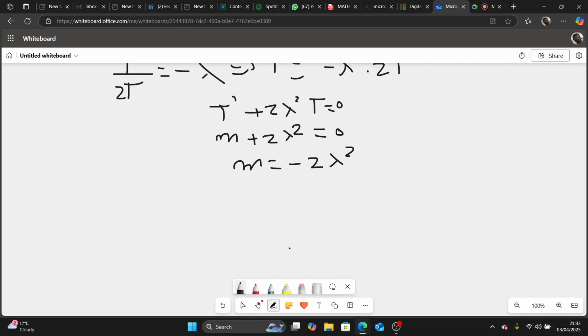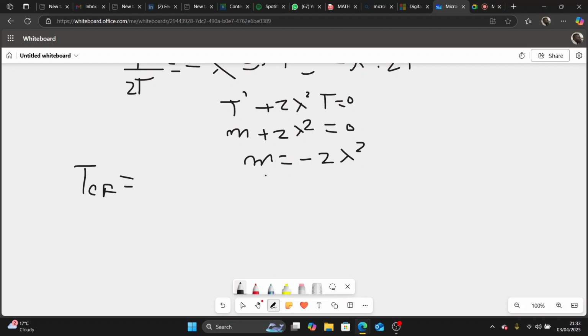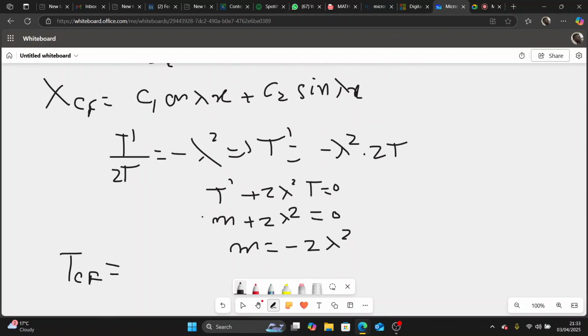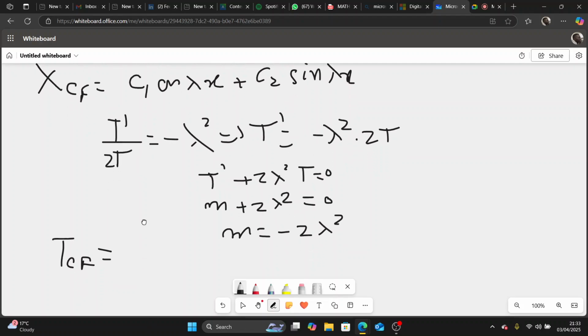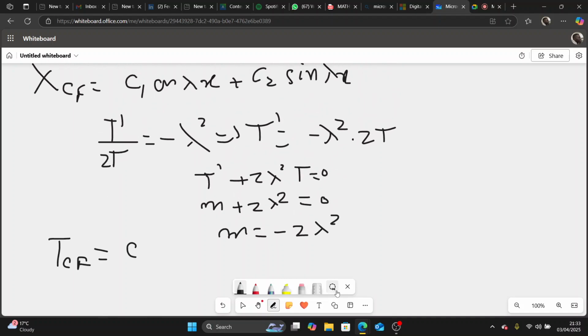So the TCF here, you can call it TCF because the variable is temperature. Since this one is C1, C2, we can call this one C3, or keep it the way it is in the book, A, B, C, so that you can have a constant.